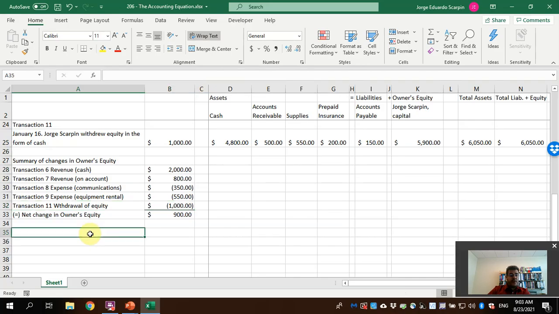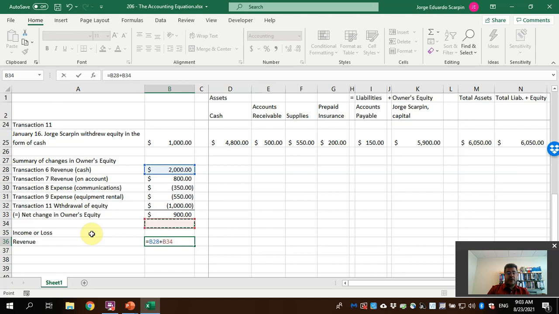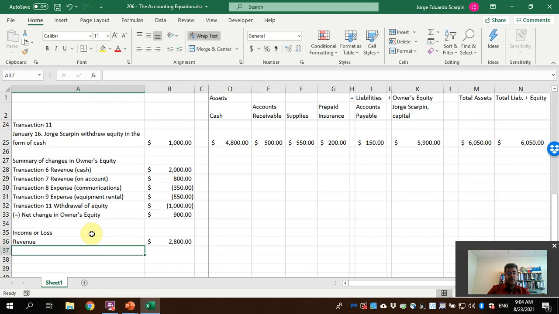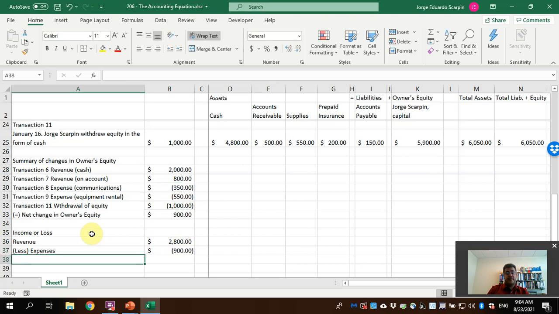So if we come here, income or loss, let's call it. What do we have? Revenue. How much revenue do we have? 2,000 plus 800. Less expenses. How much? 350 plus 550. 900. And then equal to net income.